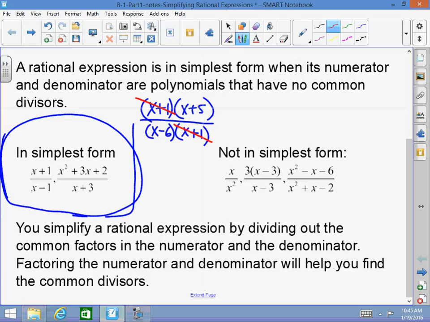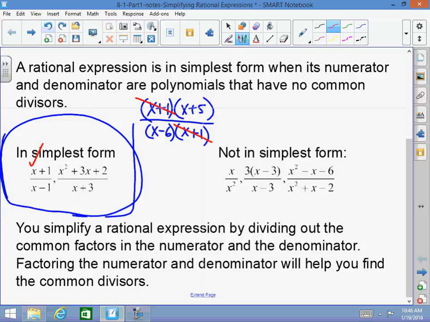But what I cannot do is eliminate individual pieces of polynomials. So let me get rid of that because I cannot get rid of the individual x's. I can get rid of exact polynomials, but I cannot get rid of individual pieces. So that is fully simplified.